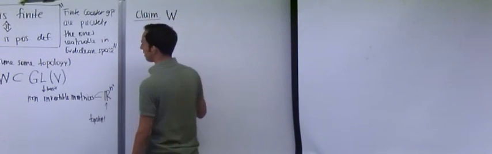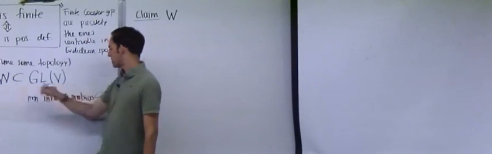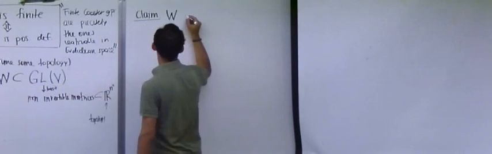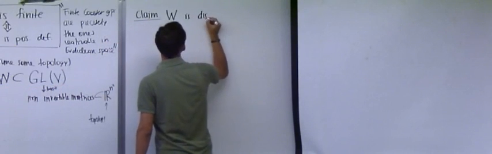The point is that I want to make that more precise by saying that this thing which lives inside here is not as infinite in the sense that it is discrete. And what this means is that it has no accumulation points.